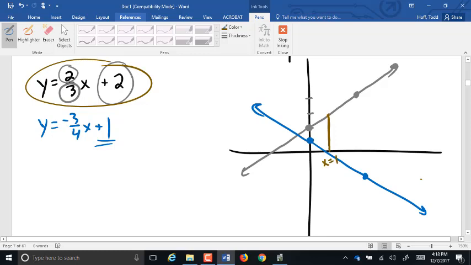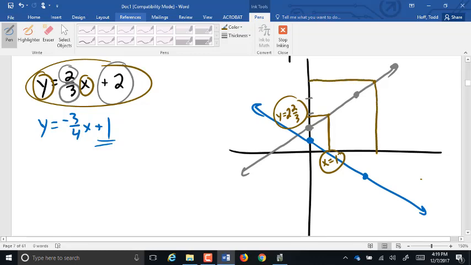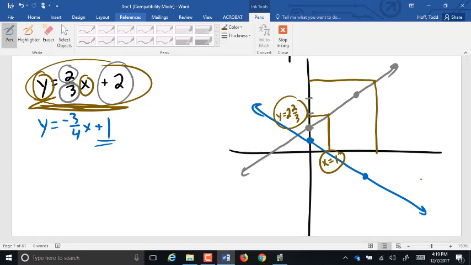I trace that over this way, that gives me y equals 2 2/3. If I put 1 in for x and 2 2/3 in for y, it's going to make that equation true. So every point on that line, if I take its x value and its y value and put them in this equation, it will make that equation true. So that line represents all of the solutions to that equation.